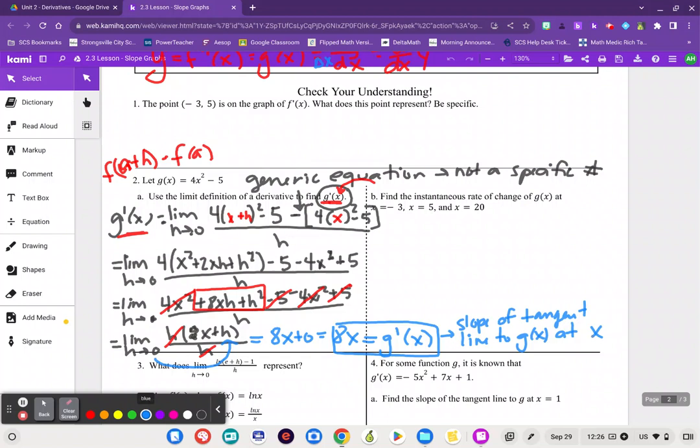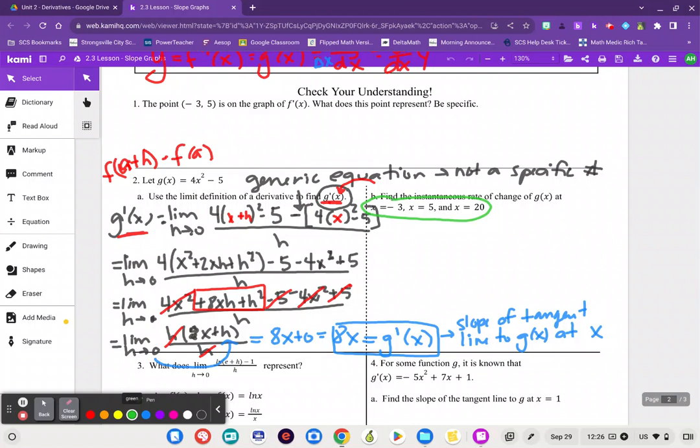Why would I want to have this formula? Well, because in part B, which I super rushed through, I'm asked to find the instantaneous rate of change, or the slope of the tangent line, at 3 different x values.